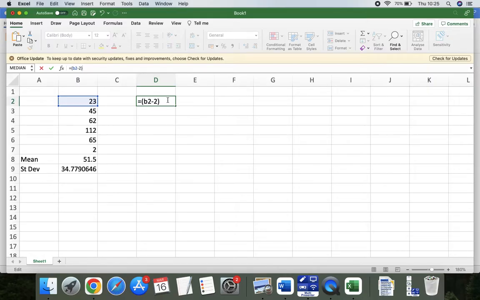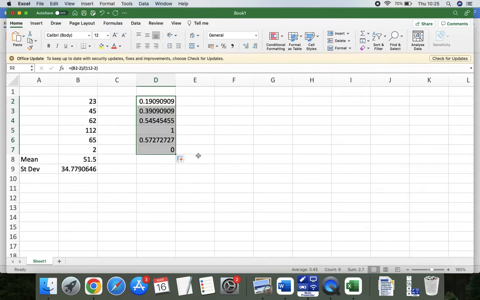Okay. Divided by maximum. What is the maximum? So what you see here, the value which was minimum is now transformed to 0. And the value which was maximum is transformed to 1.